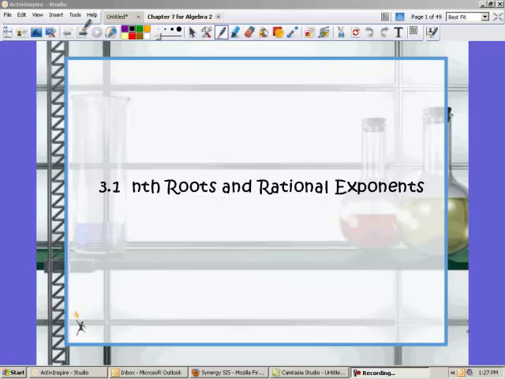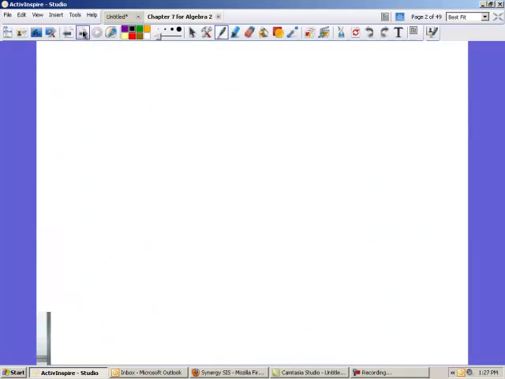Section 3.1, we're going to talk about nth roots and rational exponents. The first thing you need to recognize is that whenever I say there's an nth root, that is just talking about what kind of root we are dealing with.